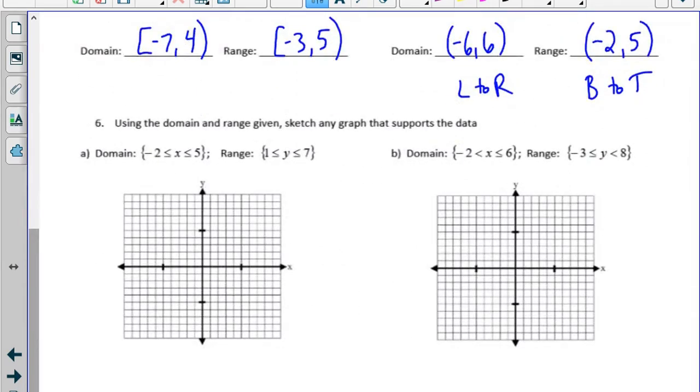Okay, number 6, using the domain and range given, sketch any graph that supports the data. So my domain must be between -2 and 5, and my range must be between 1 and 7, which means everything has to be hit in those values.